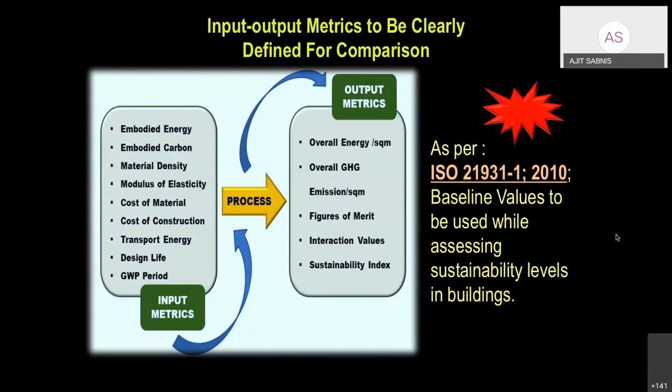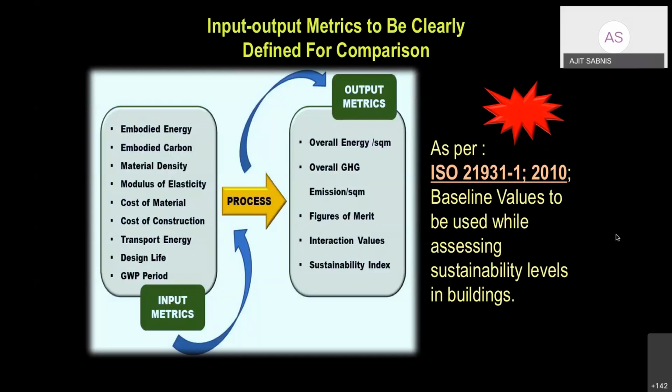Similarly, embodied carbon, density of material, modulus of elasticity, cost of material, cost of construction, transport energy, design life, and the global warming potential period. Here, the global warming potential period is considered as 100 years, and the design life is considered as about 50 years.